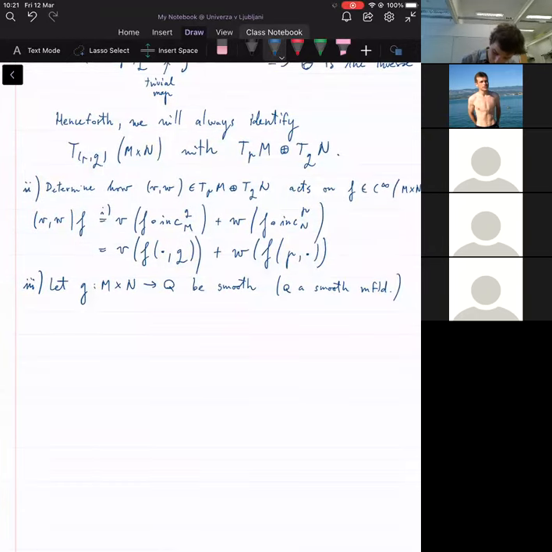So now what we have to do is calculate dg at point (p, q) of (v, w). So we want to know how the differential of a smooth map acts on this couple (v, w) from the direct sum of tangent spaces.